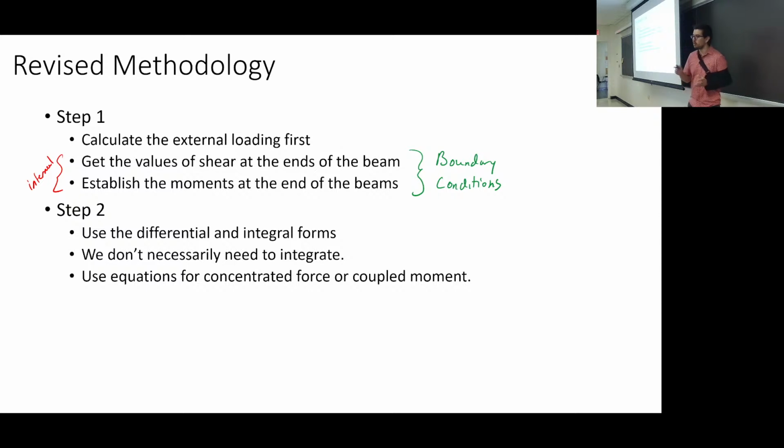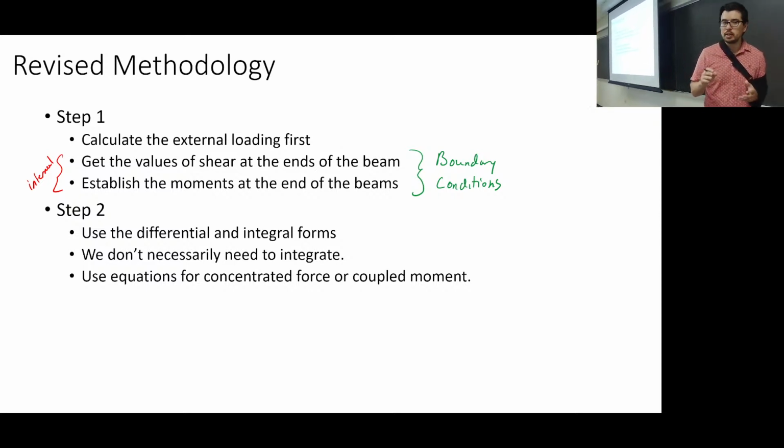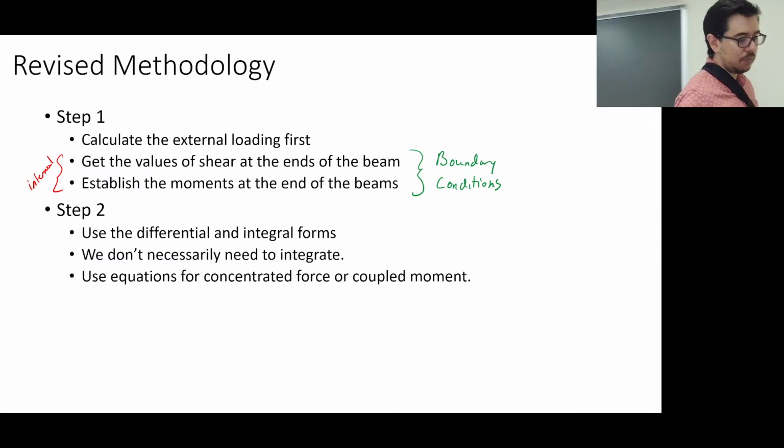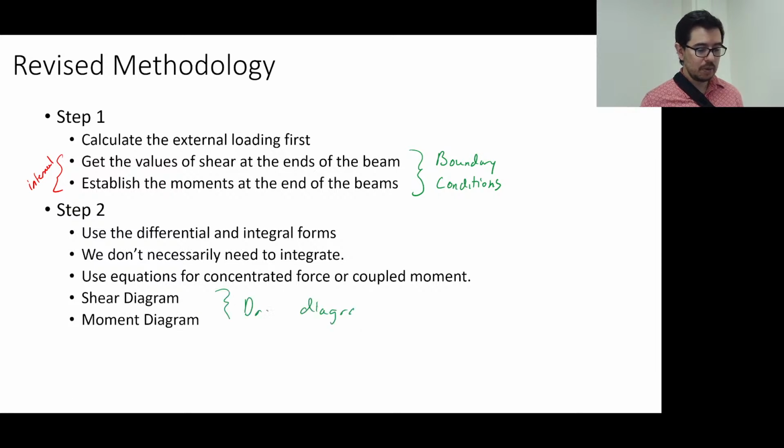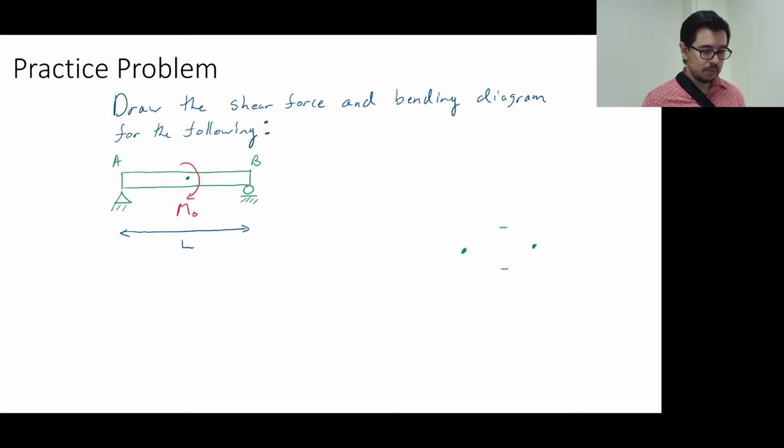That's the point of this technique. We can graph them, and we can also keep track of these concentrated forces or couple moments, and we can make shear and bending moment diagrams. So we're emphasizing drawing the diagrams.